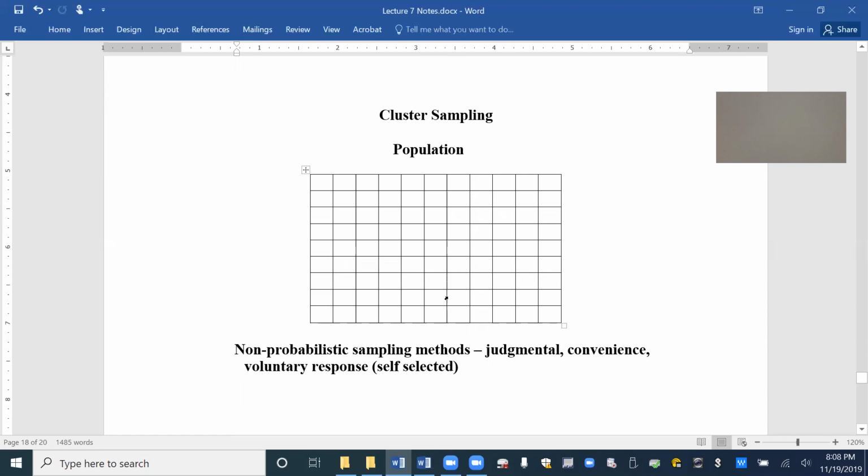Probabilistic sampling methods. Non-probabilistic sampling methods. Judgmental: we build a group that we think is representative of the population. It has the exact same percentages as our population, as far as male, female, age, all that. And they say, this group represents the population, I will sample this group.